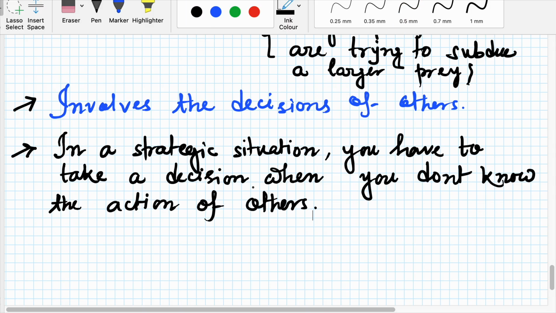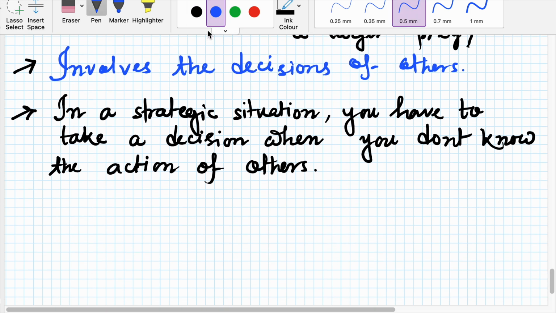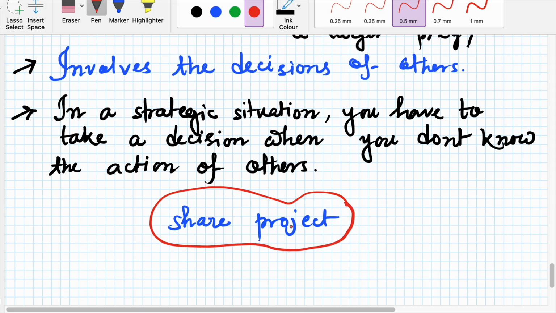A classical example of this situation is, suppose in your college your teacher gave you a shared project.